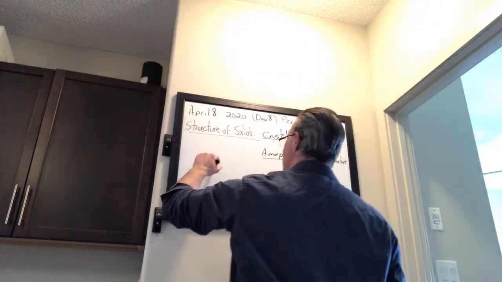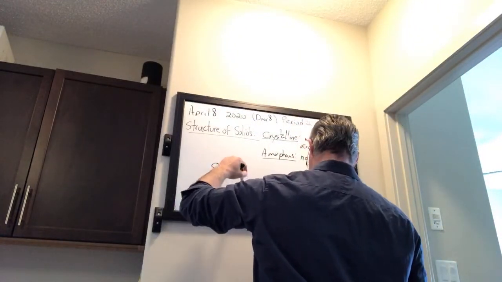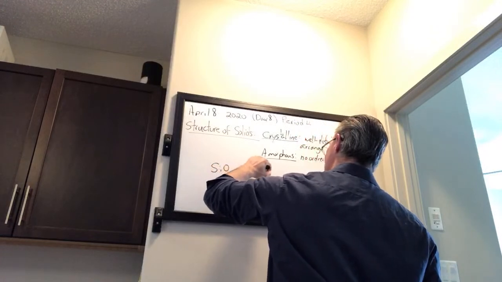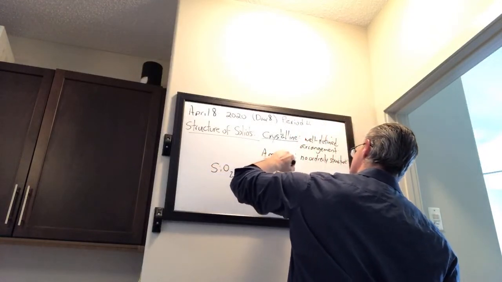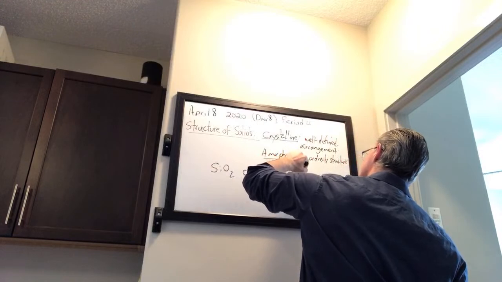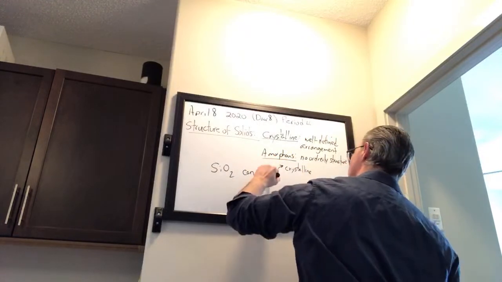For example, silicon oxide can be crystalline or it can be amorphous.